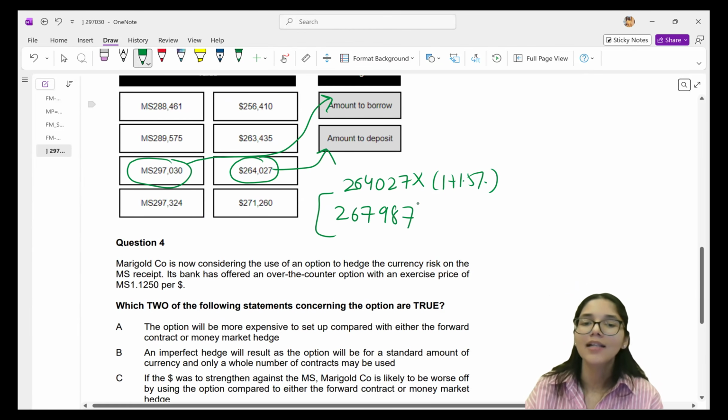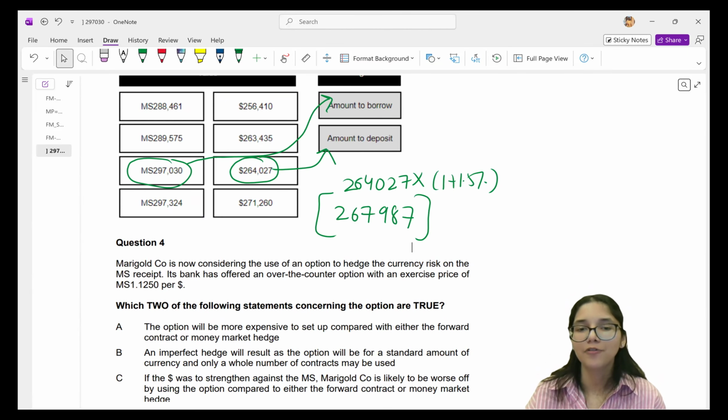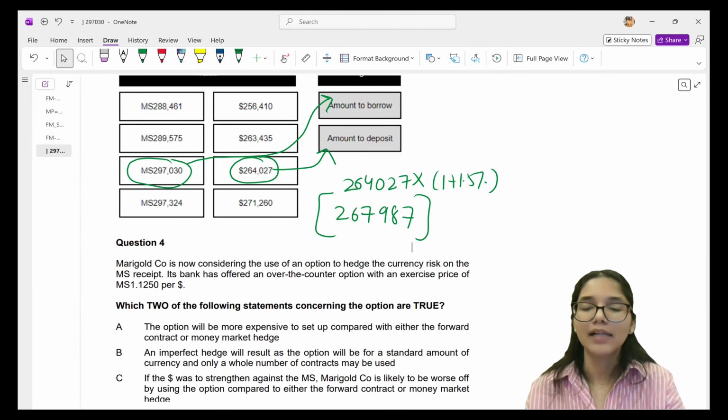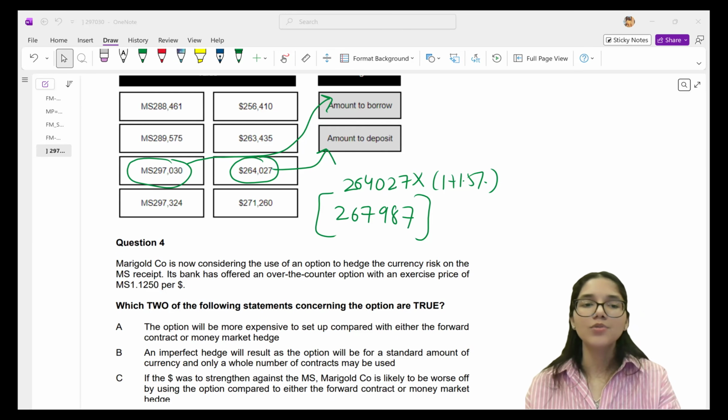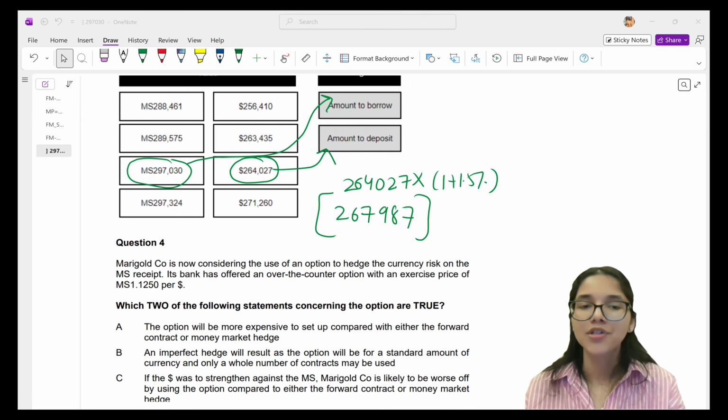This is the final answer. This is the final amount of dollars which the company will get after the deposit period comes to an end. So this is the third step. Even though this was not asked in the requirement, I have shown you all three steps that are there in a money market hedge.